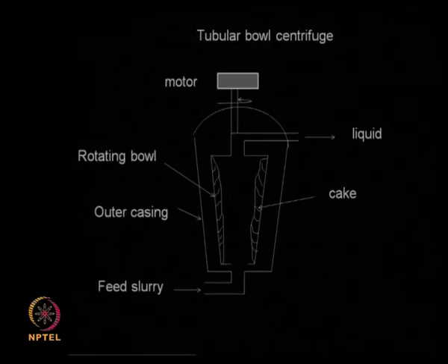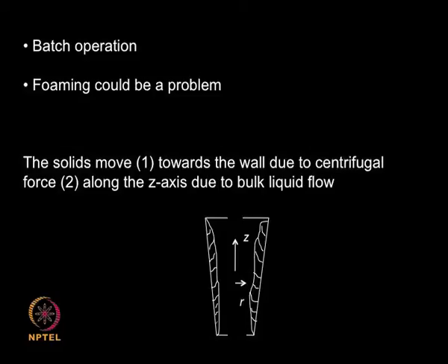So if you look at a tubular bowl centrifuge, generally they operate at batch conditions, and foaming could be a big problem in this.